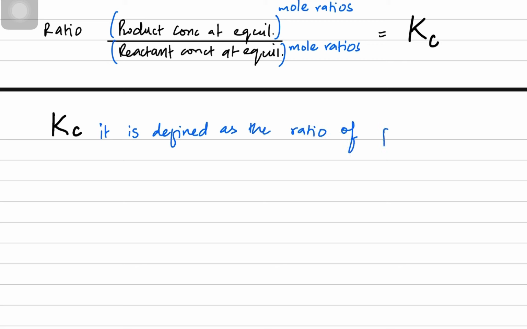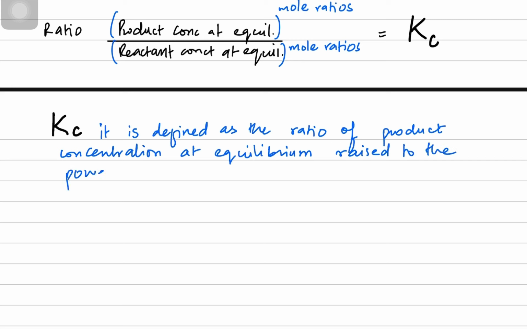Kc is defined as the ratio of the product concentration at equilibrium, not just initial or used up, at equilibrium, raised to the power of their mole ratios, which we get from the equation, over the reactant concentration at equilibrium.